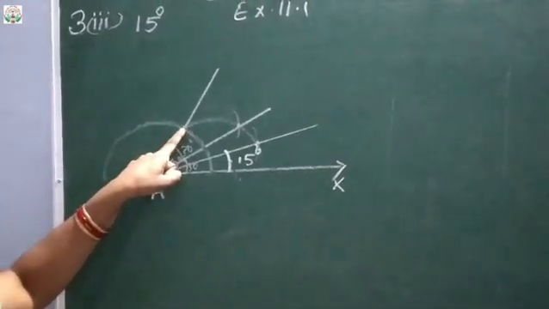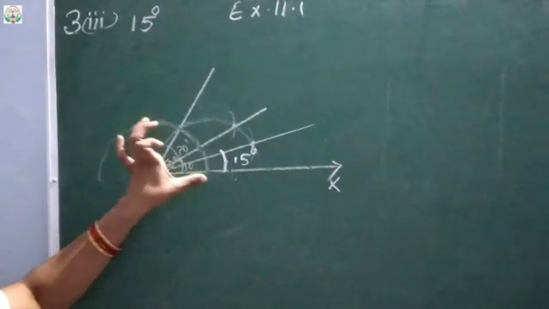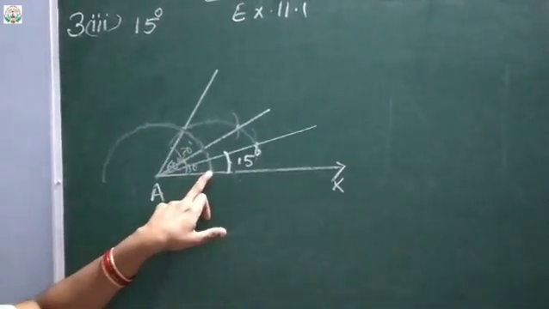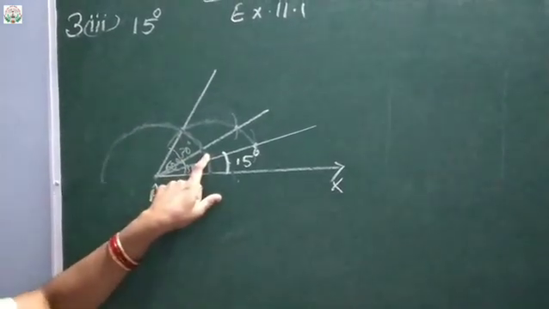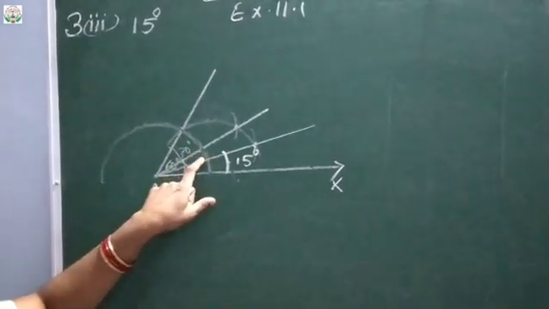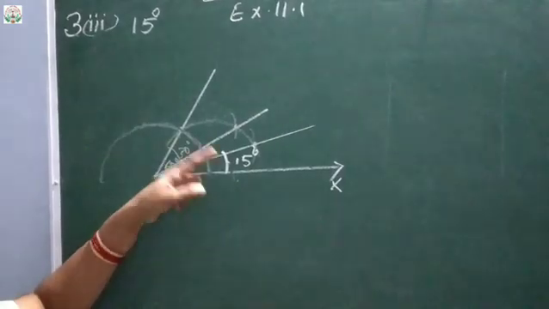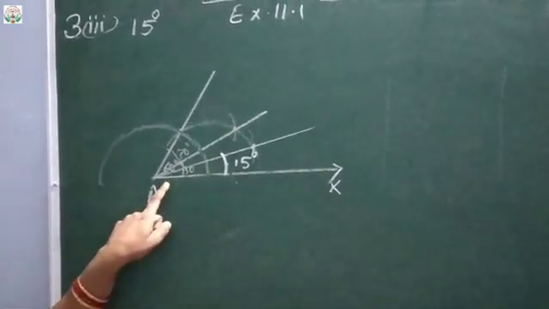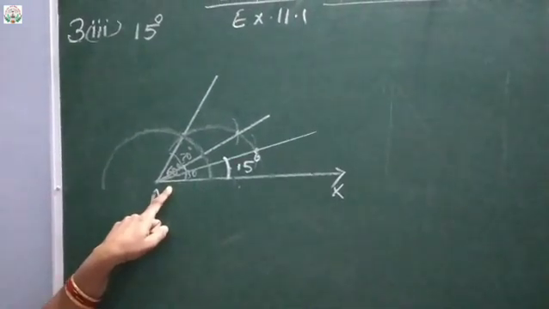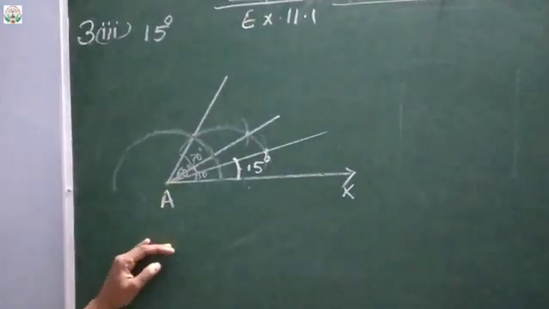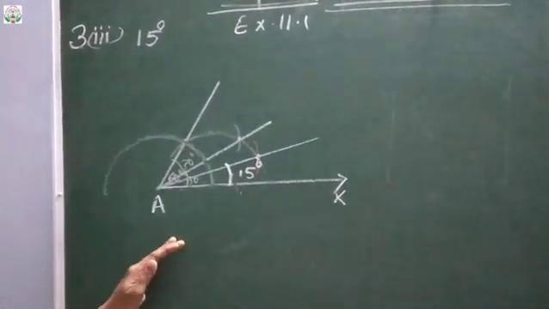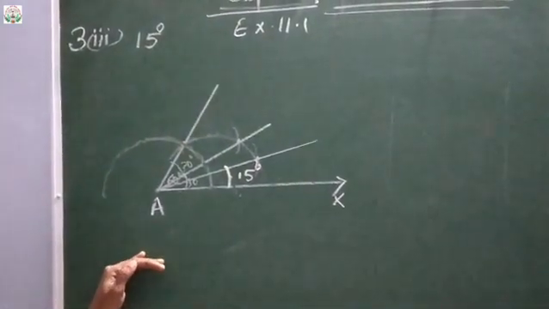From the 60 degree, do the angle bisector of 60 degree to get 30. After getting 30 degree, again go for the angle bisector of 30 to get 15 degree. So likewise in 3 or 4 steps, write the steps of construction in your own sentences.